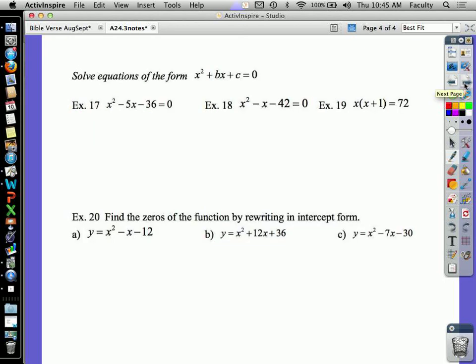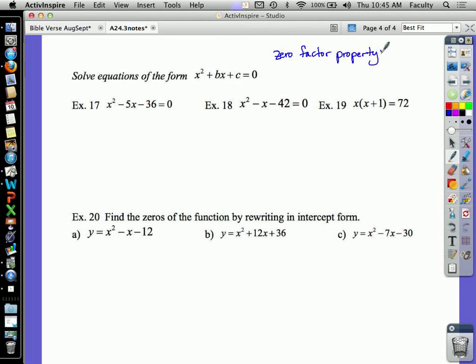Okay, now solving equations. I want to point out that up to 16, we were just working with expressions. And so what happens sometimes is students get this all jumbled in their minds. And an easy way to straighten it out is if it's an equation, you're going to get a solution. If it didn't start as an equation, then you can't get an x equals, okay? It's just an expression. So let's review something from Algebra 1 called the zero factor property.